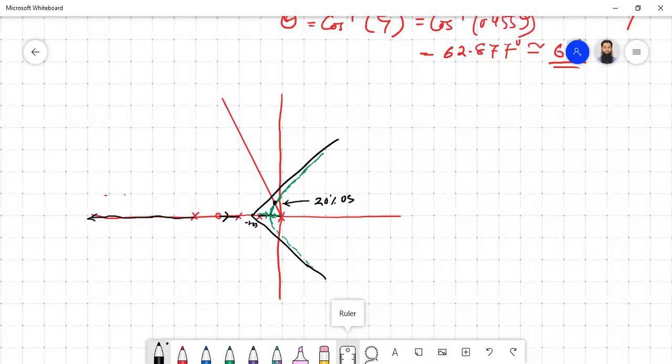This point we have to figure out. Okay, so how can we do that? For that, what do we have to do?